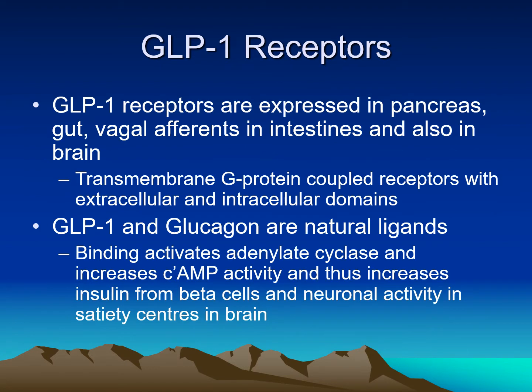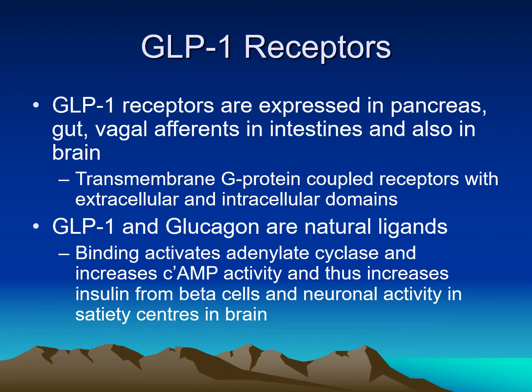Now, GLP-1, the incretin, acts on receptors which are distributed widely, particularly in the GIT and brain. In the GIT they are found in pancreatic alpha and beta cells, in the small intestine, colon, and vagal afferents in the intestine. Also in certain areas of the brain which are involved in food intake, that is the feeding center or satiety center.